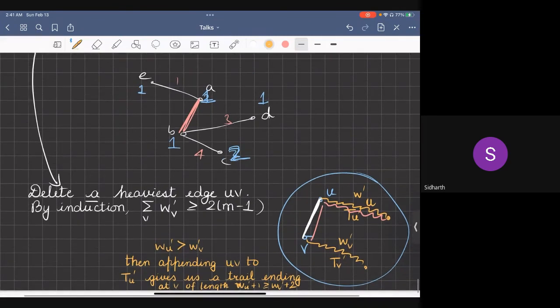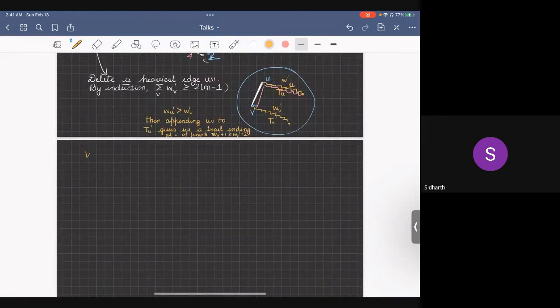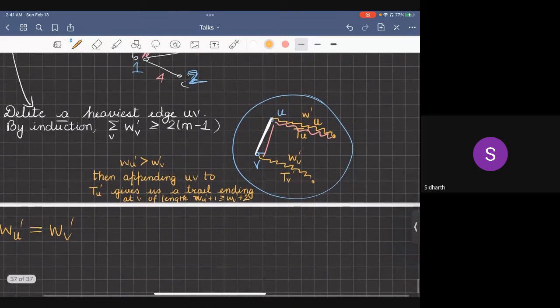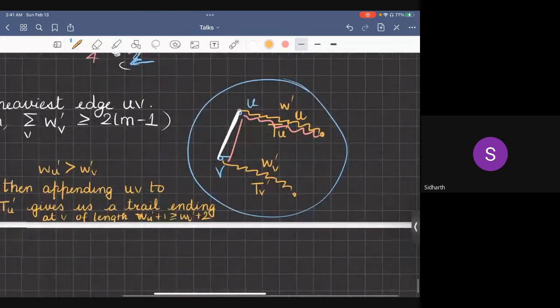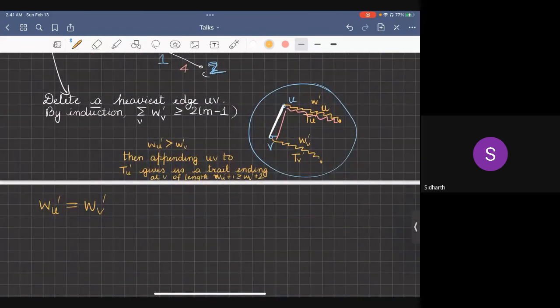And so we've increased the sum by at least 2. What about if they're equal? Then both increase by 1. Exactly. If both of these trails have the same length, then both of them can be increased by 1, right?